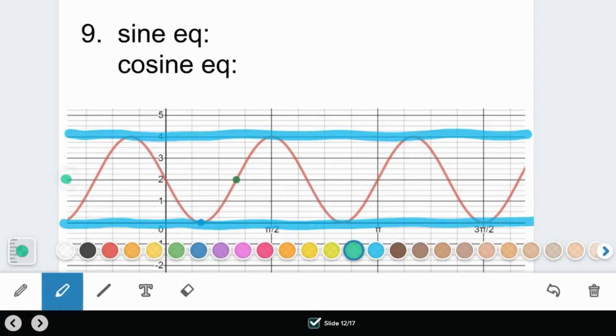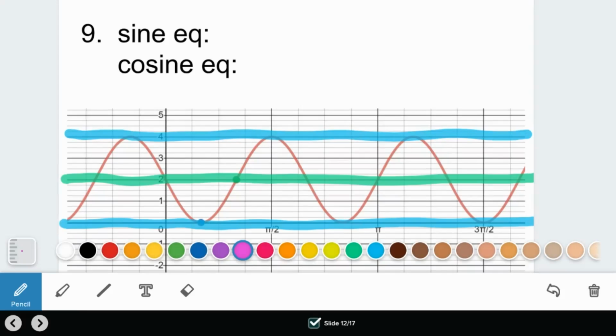And our vertical shift is going to be here at 2. So right away, I know that my k in my equation is going to be 2. I also know my amplitude is going to be 2 because I'm going 2 above and below that green line. So that's going to be 2.